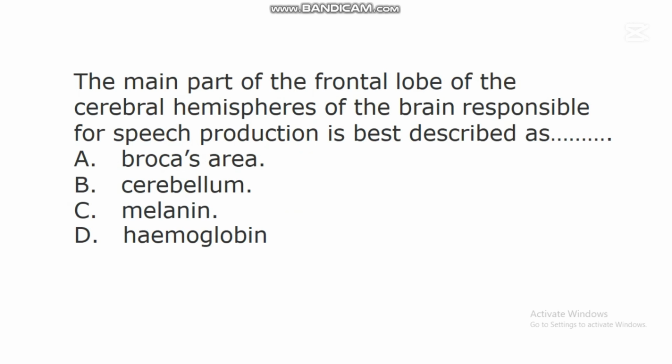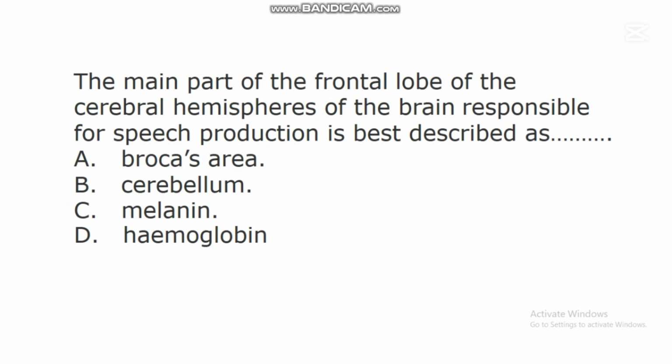The next question says, the main part of the frontal lobe of the cerebral hemispheres of the brain responsible for speech production is best described as dash. A. Broca's area. B. Cerebellum. C. Melanin. D. Hemoglobin.